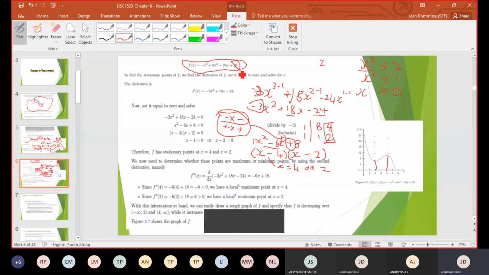I would have looked at that positive 26, so I would have said, okay, it needs to go through there. Then somewhere there it would do a turn, and somewhere there it would do a turn.